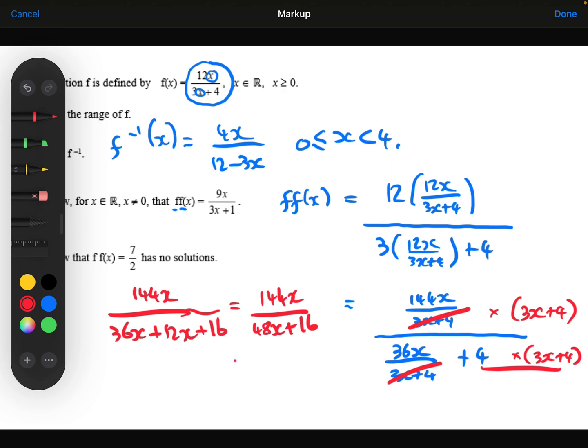And then if we divide top and bottom by 16, that gets us to the desired answer. So that is part C done.